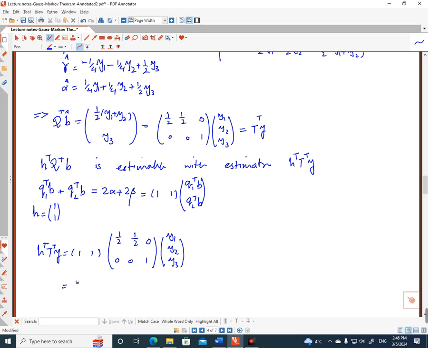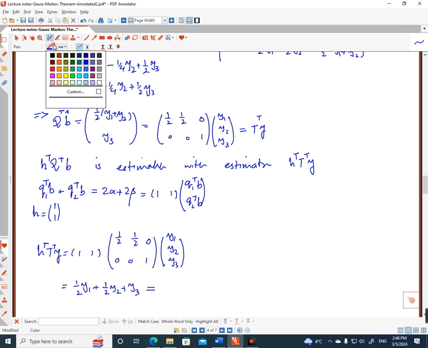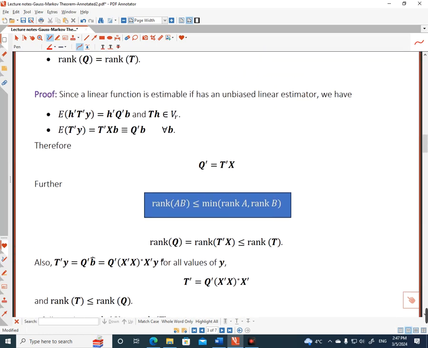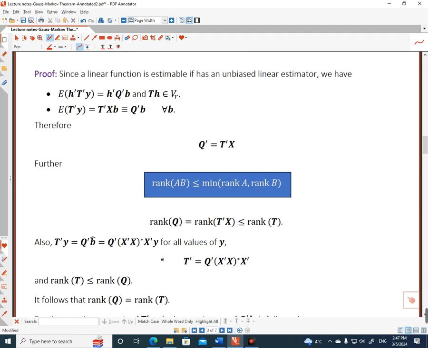If we do simple algebra, it is equal to half y1 plus half y2 plus y3, which is indeed equal to 2 alpha hat plus 2 beta hat, which you can see is the estimator of this linear function of parameters. And this is actually an illustration for the theorem. But now let's look at the proof of the theorem. It is pretty simple.